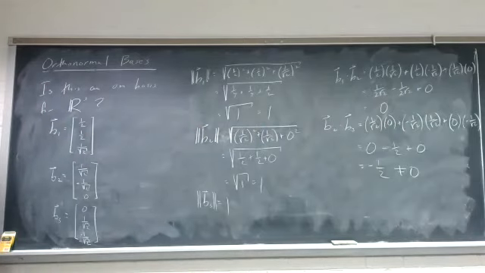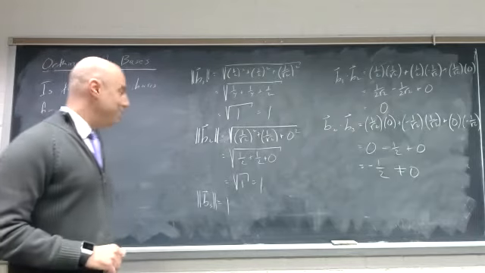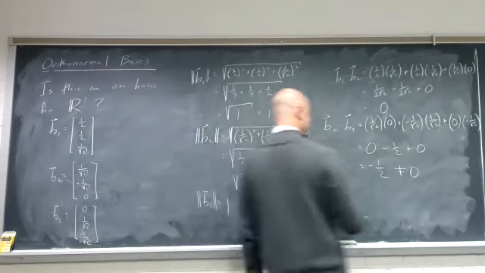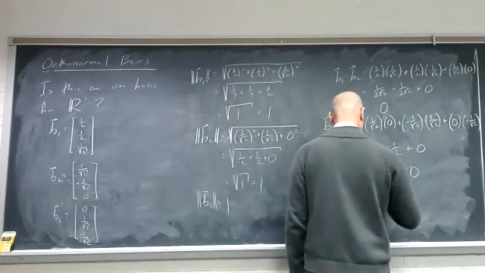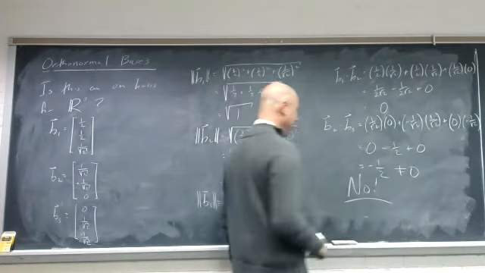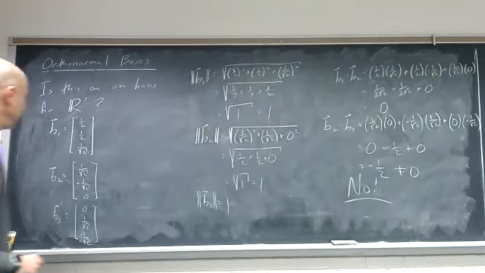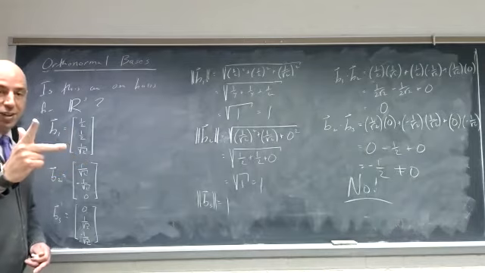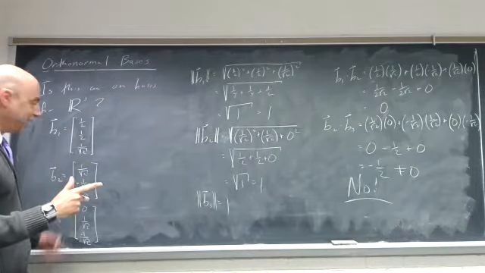So we were doing so well there for a while, but as it turns out, this is not an orthonormal basis because B2 and B3 are not perpendicular. The answer to the question is no. All these vectors do have length 1, and the first two happen to be perpendicular, but the second and the third are not.